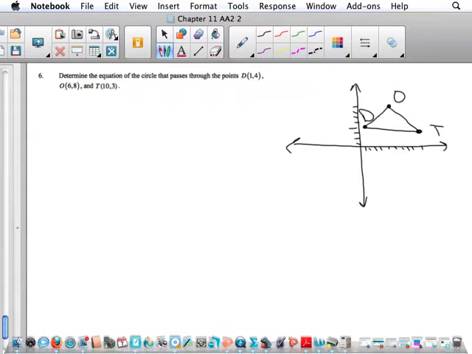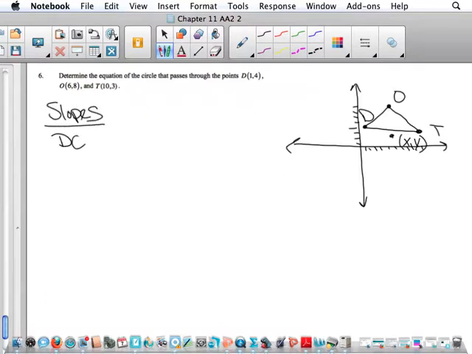Okay, so you're looking for this center point (x, y). Now, if this is a right triangle, you know that that point is the midpoint of the hypotenuse. And it kind of looks like it might be, so I'm going to look at the slopes.